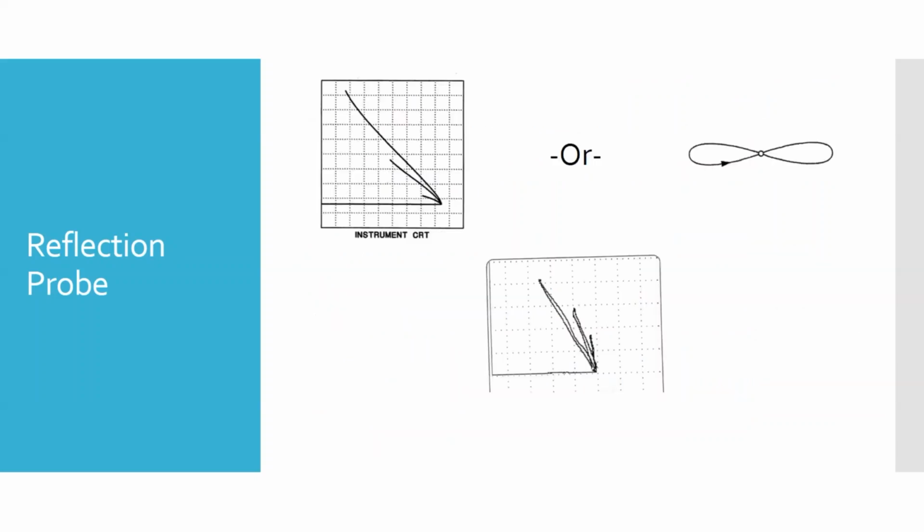So indications from these can look both ways as well. Oftentimes they're very similar to our absolute coil because, again, we're really only looking at that coil. Only one coil is going to be affected that we're actually looking at, right? We're not comparing the two coils now. We're just looking at the pickup coil.